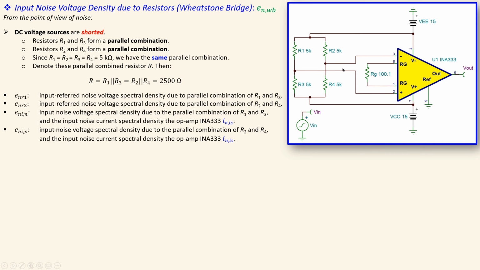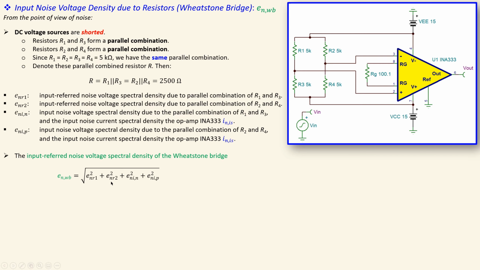That is also for this one, so we have also the contribution by the input noise current source from the instrumentation amplifier, which is now flowing through this parallel combination of R2 and R4. So we have 4 parts which will make up the input referred noise voltage spectral density. Then the input referred noise voltage spectral density of this Wheatstone Bridge will be this.